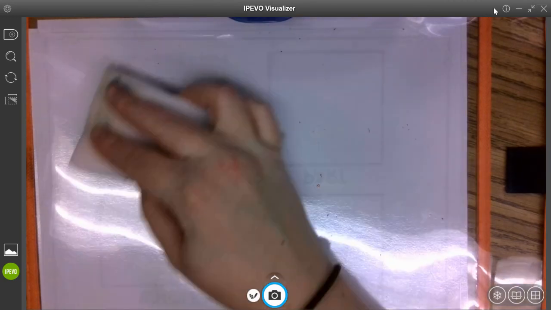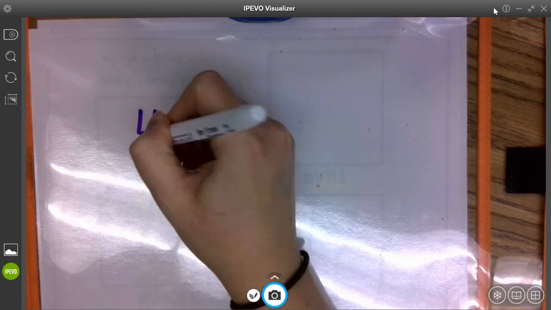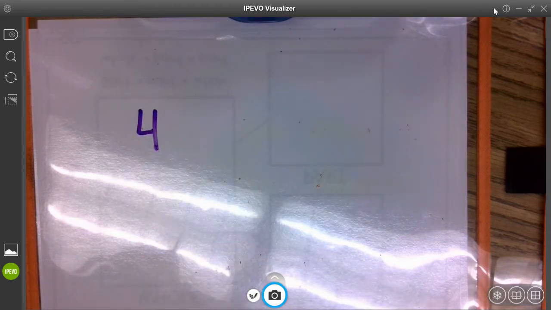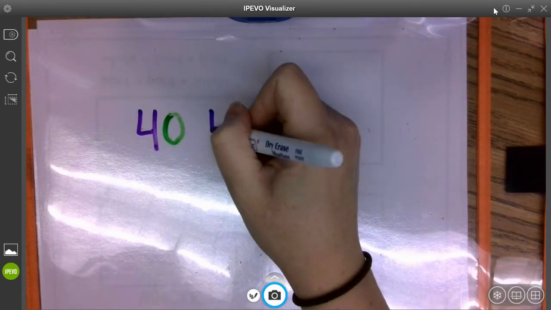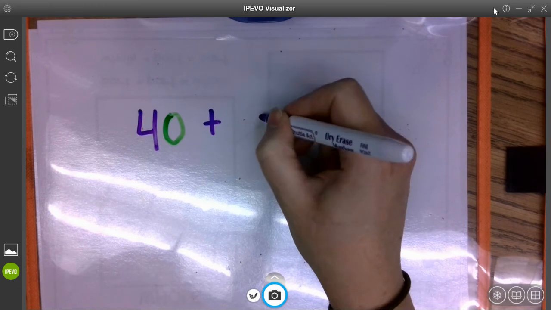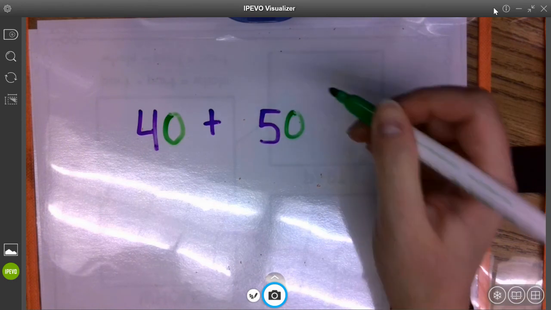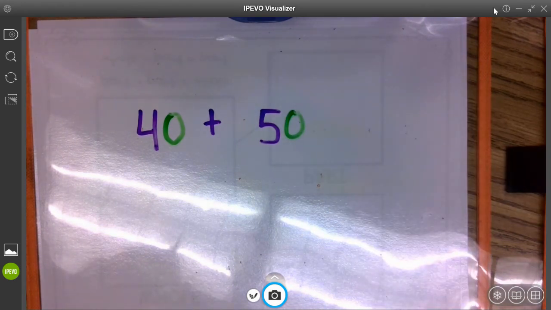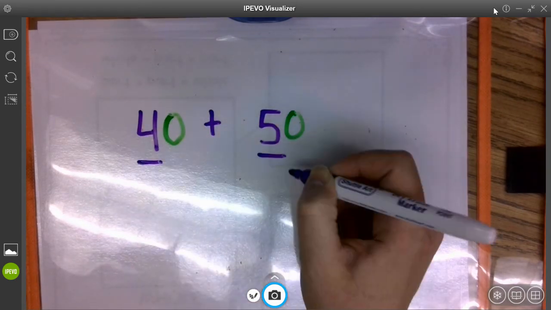Okay, so if you are given a problem, like maybe you'll be given the number 40 plus 50. If we have 40 plus 50, we really have the same thing as thinking 4 tens plus 5 tens.